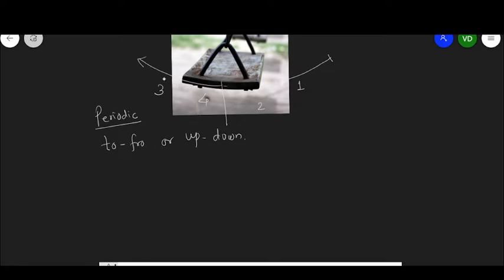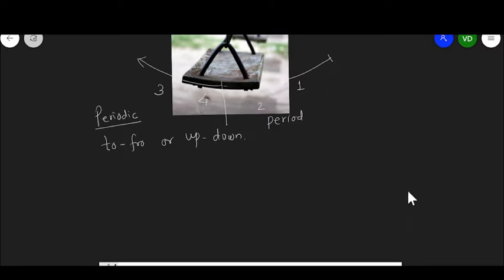So all these four steps are completed in how much time? That is what we call the period. Of course you can measure the period from this extreme end also, or at the center point. It doesn't matter, it will remain the same.